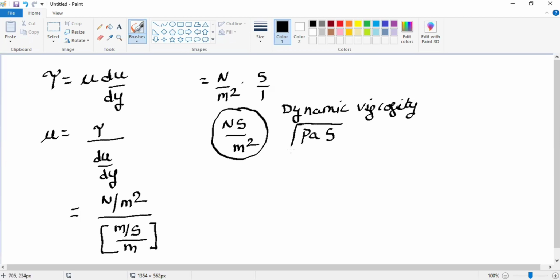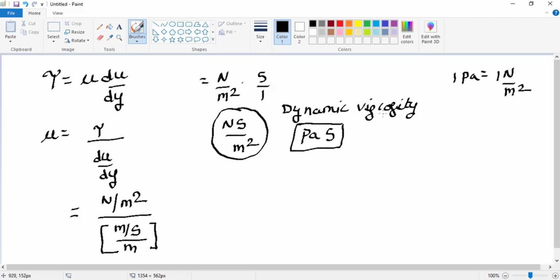Pascal second is also a unit for the dynamic viscosity, because 1 Pascal equals 1 Newton per meter square.